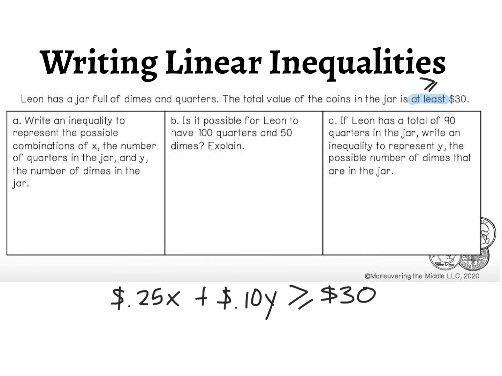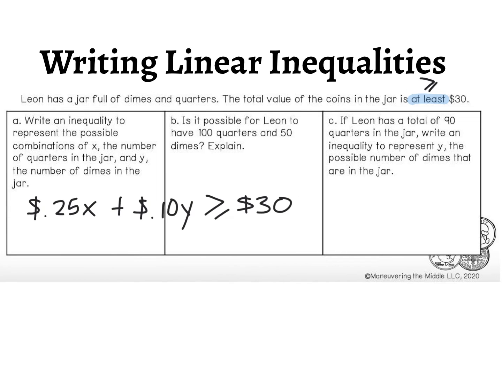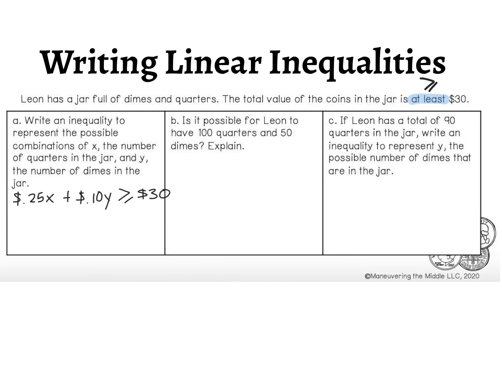It's important that I write decimals for the quarters and the dimes because $30 has to be more than one whole dollar. Okay? So this is going to be the inequality that we're going to be using to represent our scenario: 0.25x plus 0.10y is greater than or equal to 30.